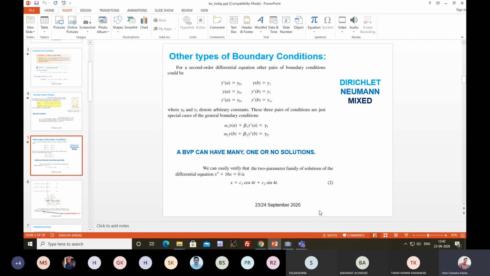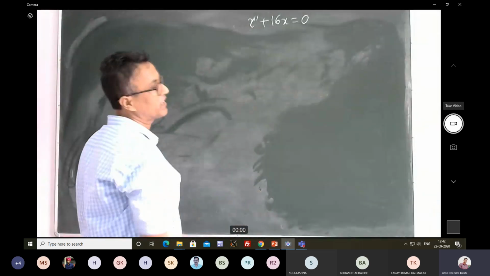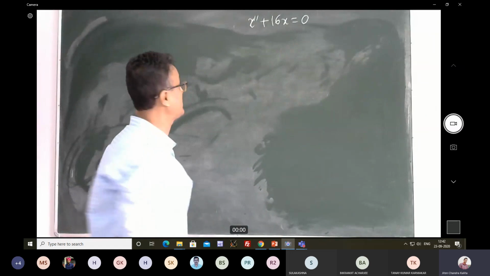Now what it says is that a boundary value problem can have no solution, an infinite number of solutions, or only one solution. They have given x'' + 16x = 0. You already know linear equations with constant coefficients.